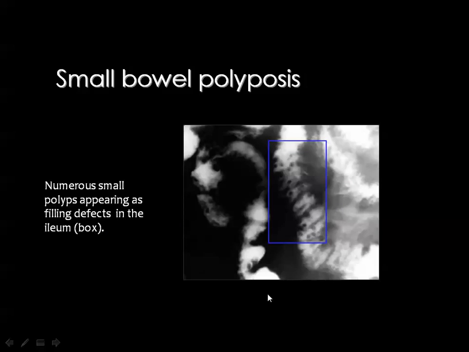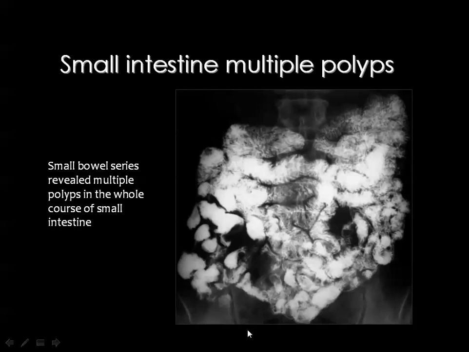Then polyps will be discussed in full detail with the sector of colonic imaging. They are also common in cases of gastrointestinal polyposis syndromes, and this is an example where you can see too many small filling defects or polyps in the small bowel.